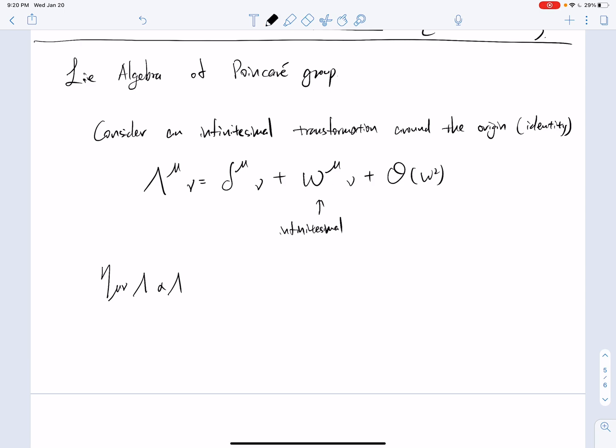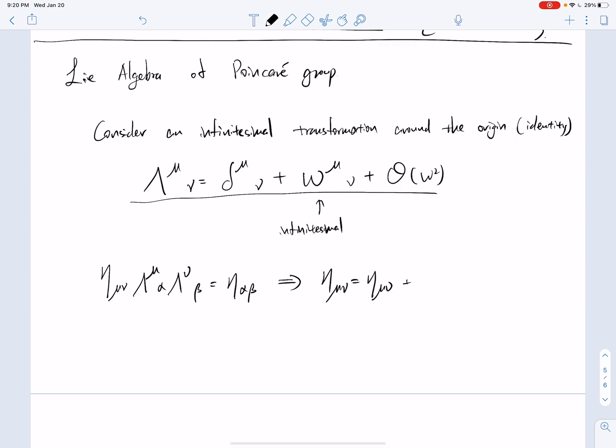Actually, I don't want this to be a mu, I want that to be a nu, and this is alpha beta. We can plug this in, and with some algebra we can show that this is true. This is just some tedious algebra, so I'll skip it and only show the result.